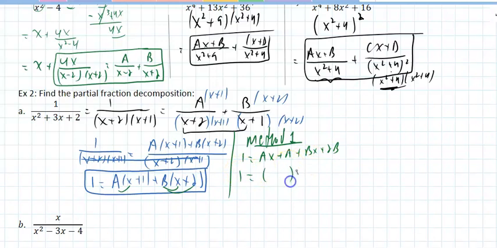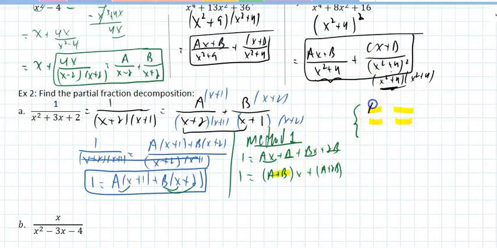You will get the x terms, a plus b, and the constants are a plus 2b. And from this you generate a system of equations.